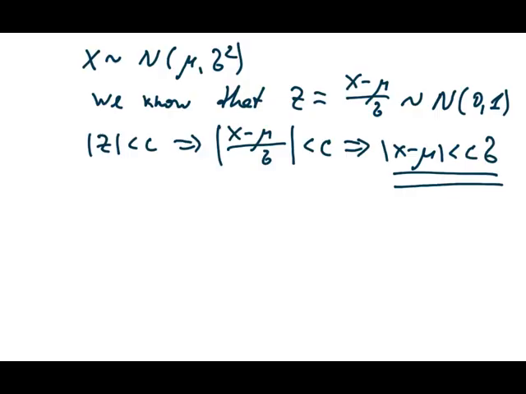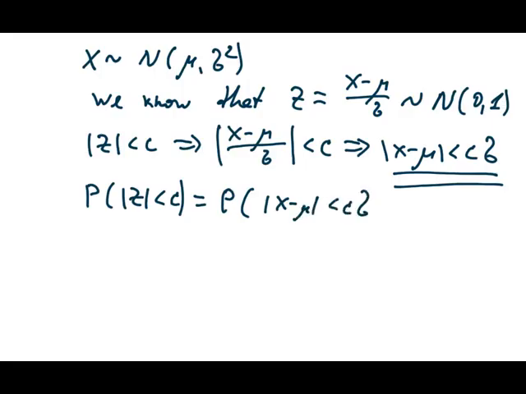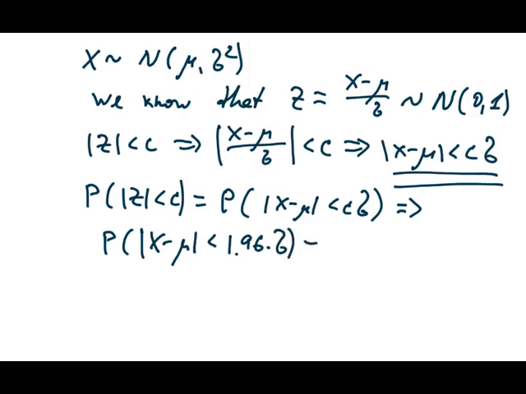Thus, the probability that the absolute value of z is less than c equals the probability that the absolute value of x minus mu is less than c times sigma. And this particularly means that the probability that x minus mu by absolute value is less than 1.96 times sigma equals 0.95.